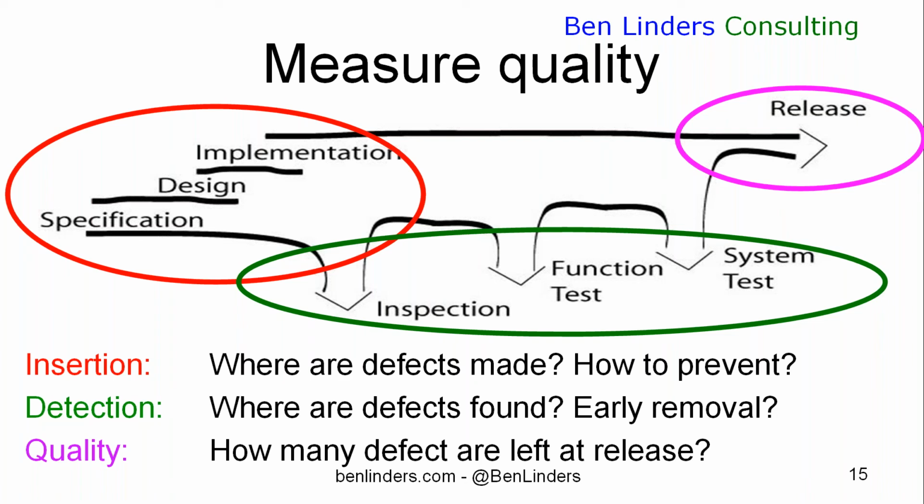And then at the end, there will be defects that will be flowing to your customers, and these are actually the defects that your customers will perceive as the quality of your product.